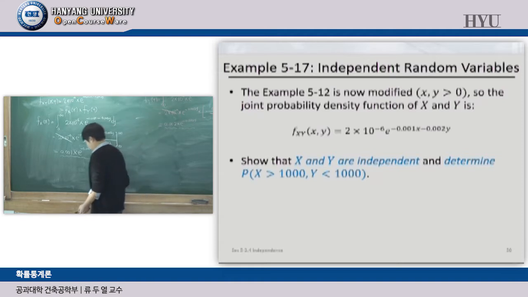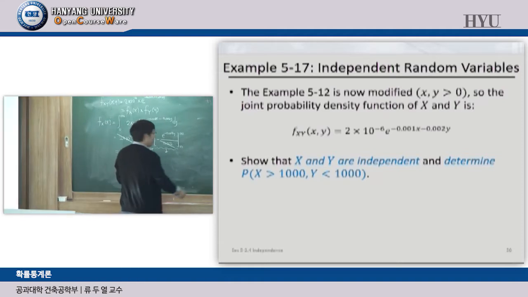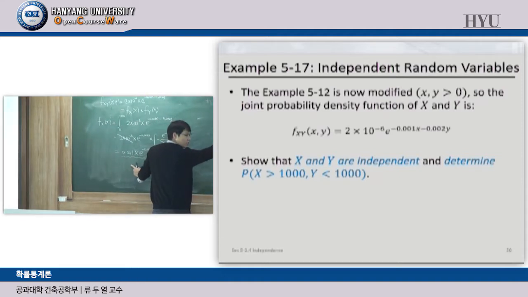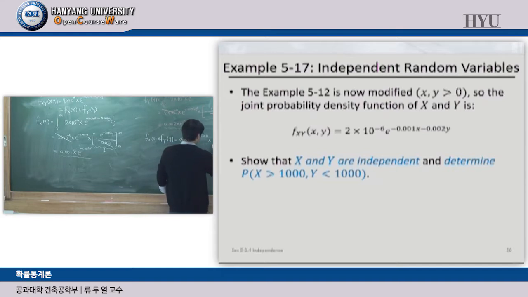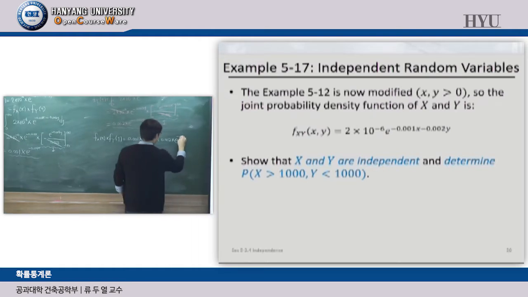So if we multiply these two equations, that is equal to 0.001 times exponential minus 0.001x times 0.002 times exponential minus 0.002y.